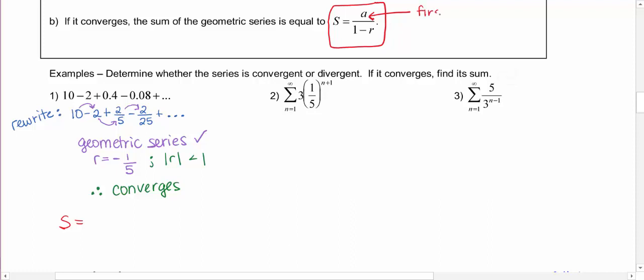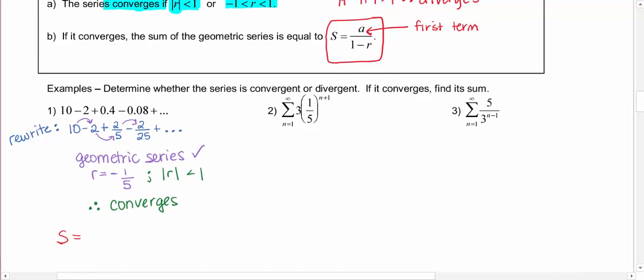So we're going to take the first term, and this goes in the formula here. The sum is the first term over 1 minus the common ratio. That's why I like having all of my terms written out. My first term is 10 over 1 minus the common ratio, which is negative 1/5. Personally, I like to just multiply by whatever that common denominator is to get rid of my complex fraction here. So my numerator will become 50.